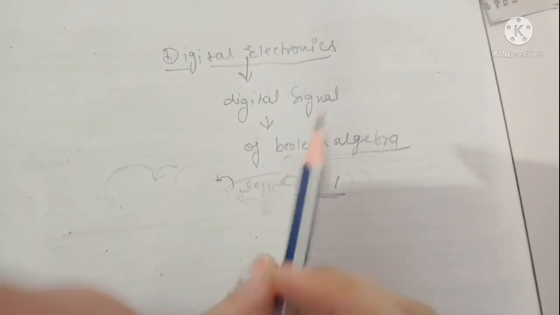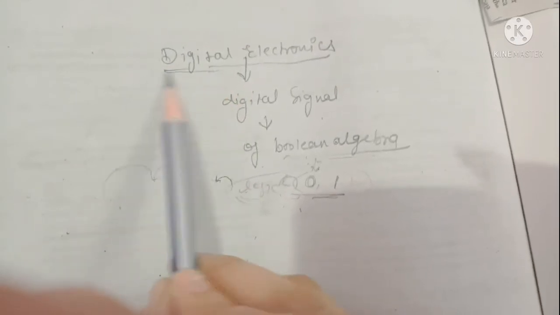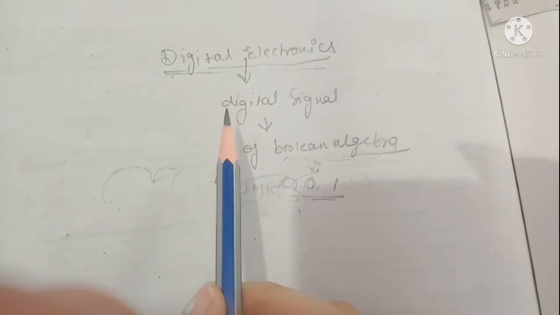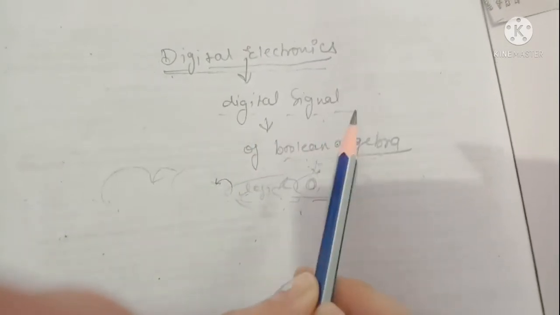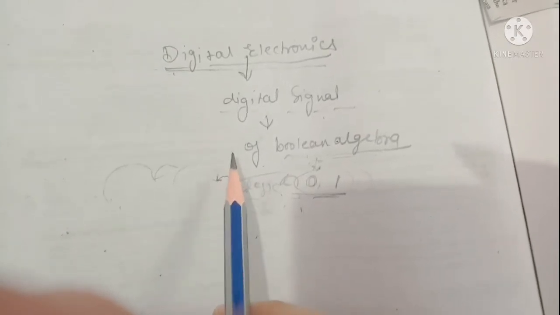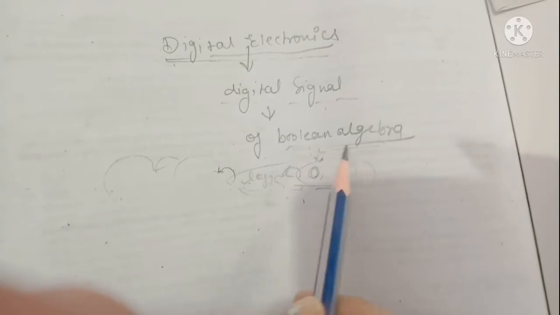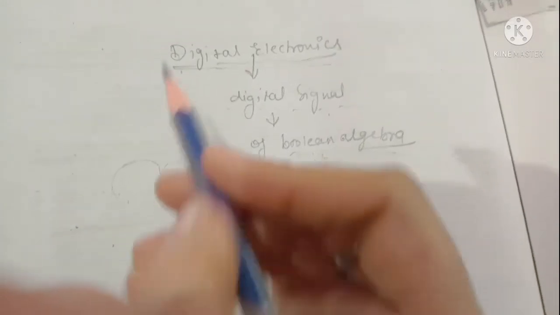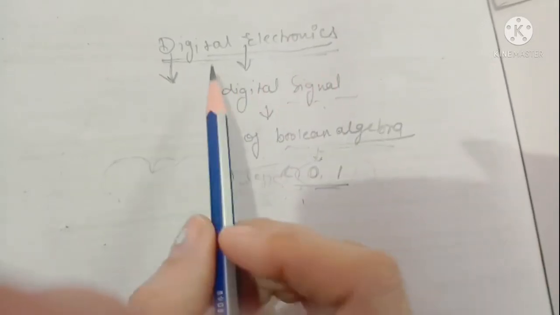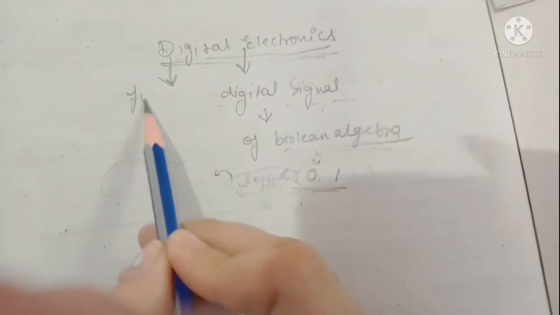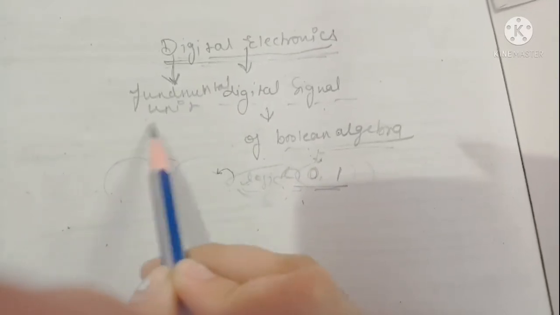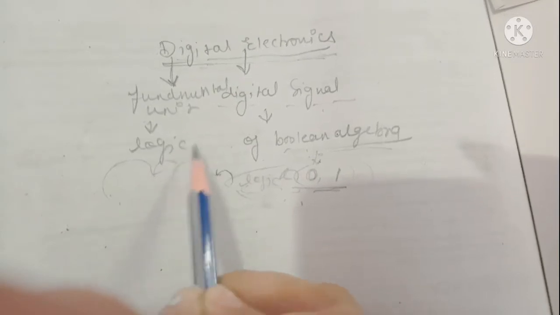Now coming back to digital electronics. Digital electronics is electronics that use the digital signal, and it is a common representation of the Boolean algebra. And the fundamental unit, how you can create digital electronics, is the logic gate.